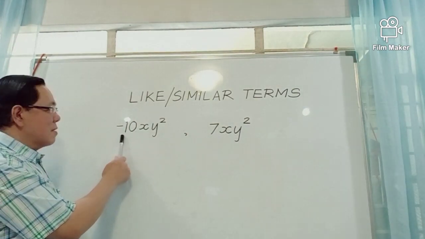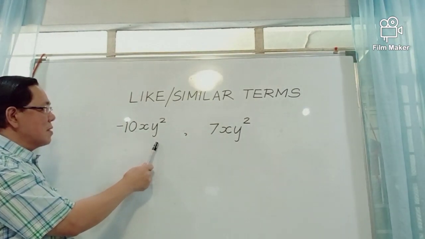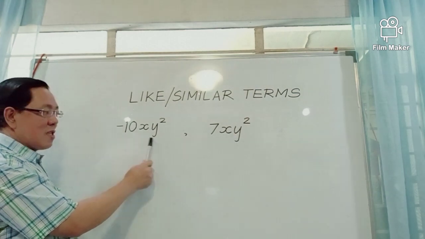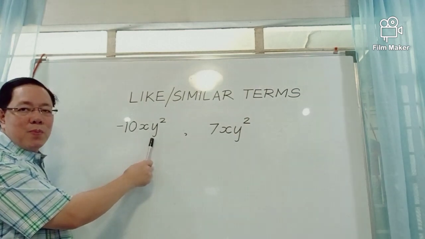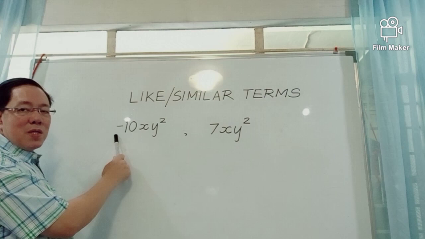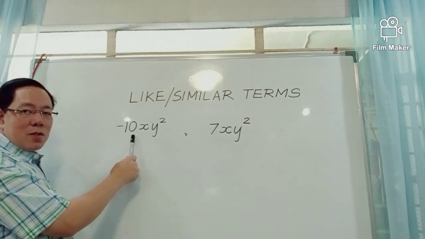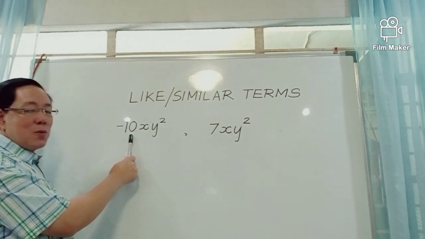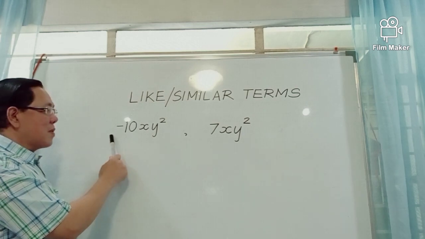Consider this monomial. This algebraic expression has actually two parts. The number negative 10 is called the numerical coefficient of this monomial.